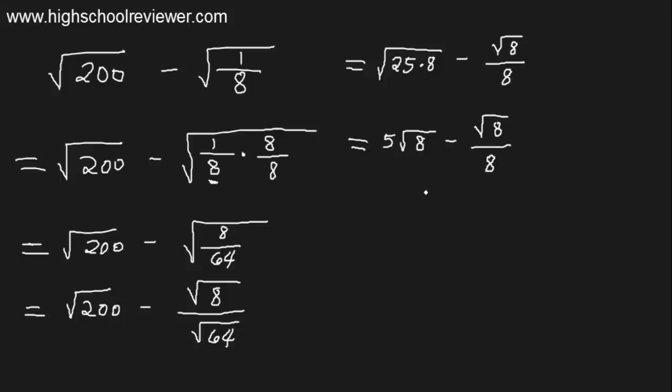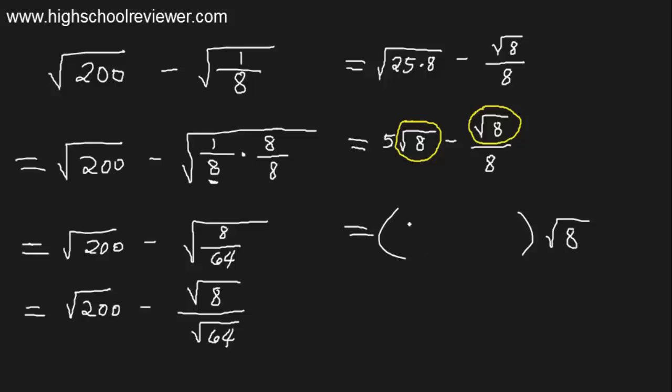So we can see on the two terms that square root of 8 is common among them. So we have here square root of 8, and we also have here square root of 8. We can factor this out. So to factor out, we will move out square root of 8.